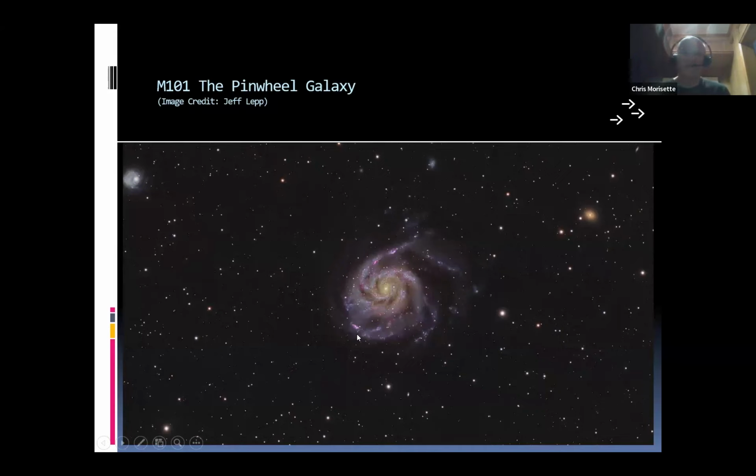If I'm not mistaken, I believe this image was captured beforehand, although this area right here seems pretty bright. But that was really an unusual event to see a supernova occur, and M101 is where that occurred. So that's M101, right above the handle of the Big Dipper.